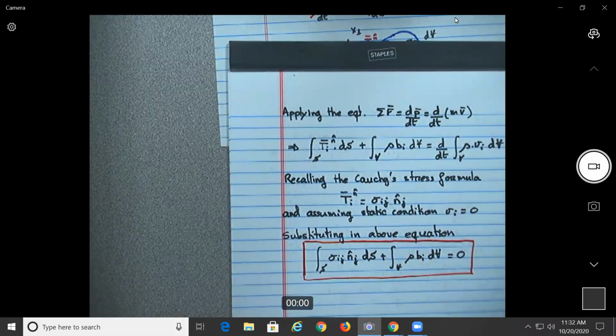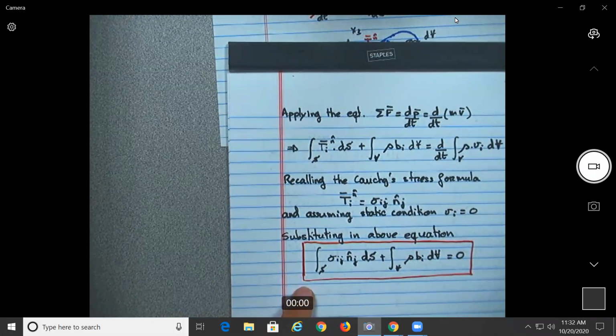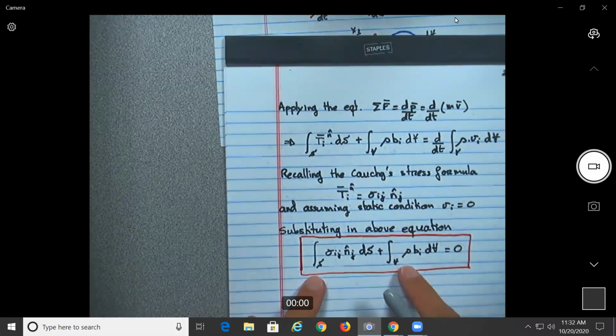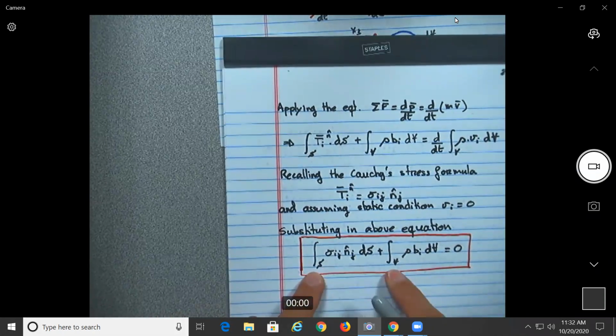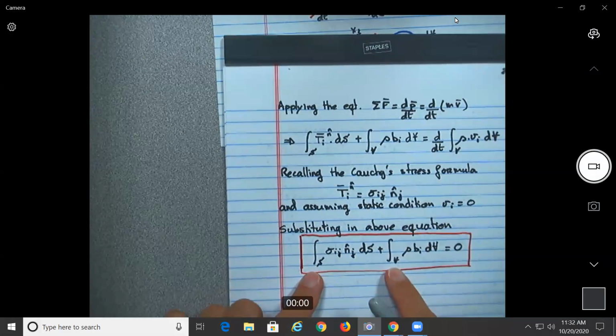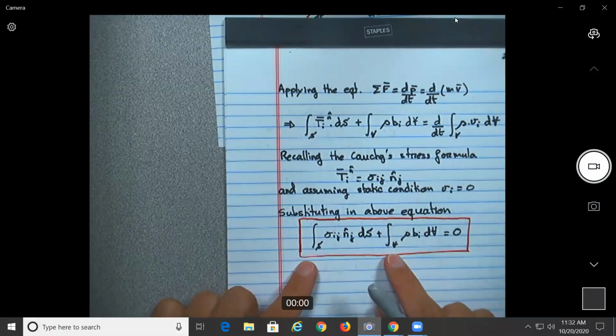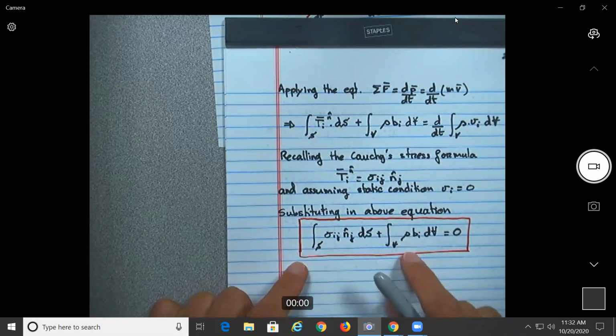So now we have a surface integral and a volume integral. So they're not easy to work with because you cannot add them together. We need to have either two surface integrals or two volume integrals. Okay? So we can use the divergence theorem to make the surface integral a volume.